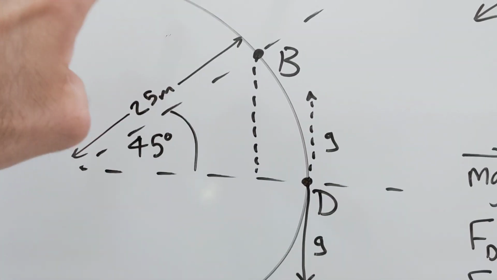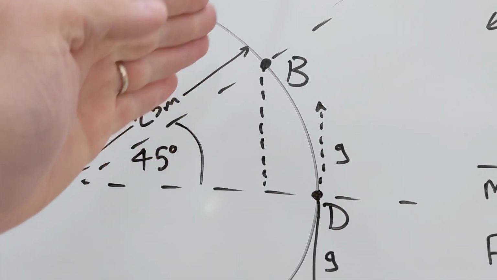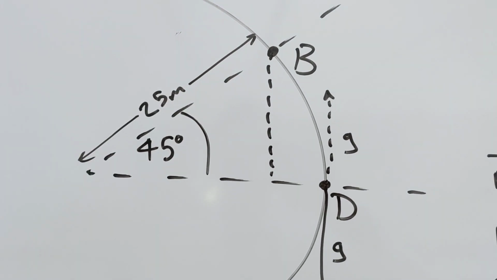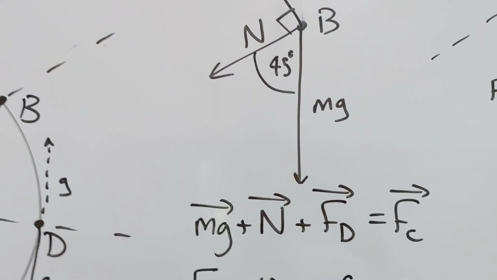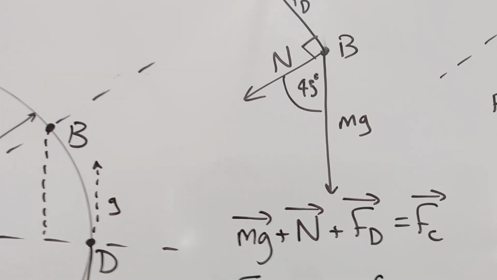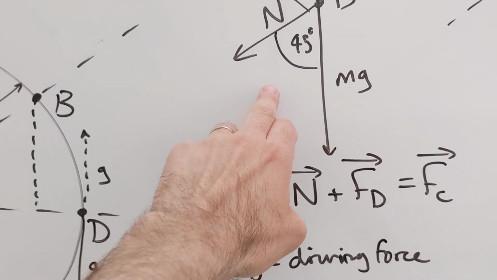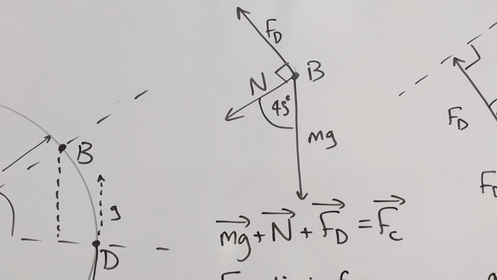The driving force can only be tangential, and the normal reaction force is always going to be normal. So those are always going to be 90 degrees to each other, and the weight is down. And in this particular case at B, the angle here is 45 degrees.